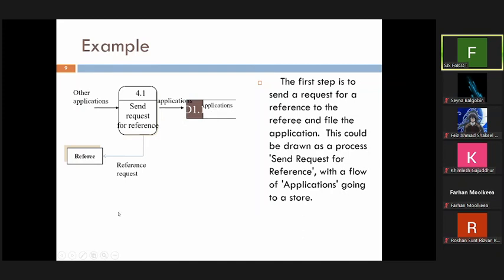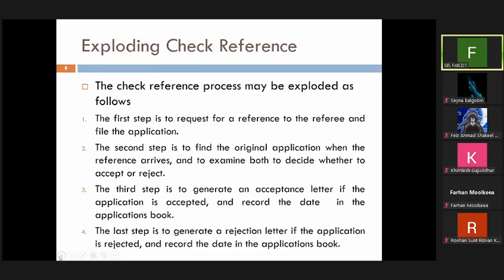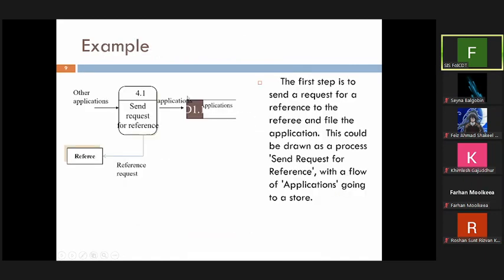You can put any other numbering, but since we've already used D1, D2, D3 in the higher level, let's call it 1.1 to avoid ambiguity. If I used 4.5 and there were changes in the higher level diagram, there would be changes here also. So to be safe, we just put 1.1. We know that is for that level DFD.